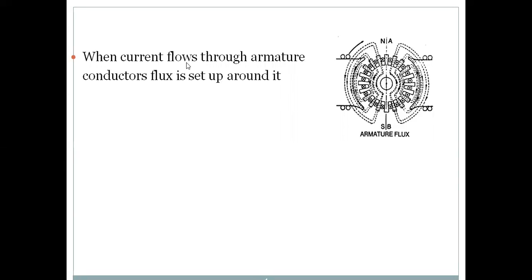Once again, when current flows through the armature conductors, flux is set up around it. This flux, set up around the armature core, is known as armature flux. This is the explanation about only armature flux.